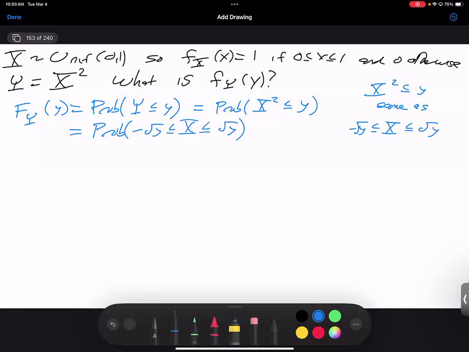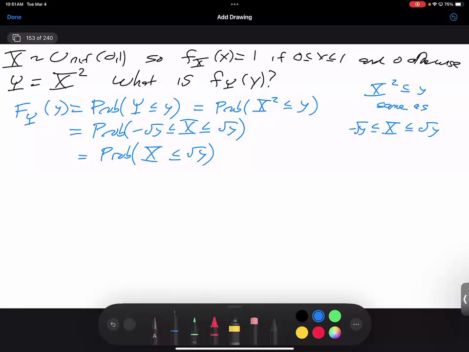So to calculate the probability that big Y is at most little y, it's the same as calculating the probability that big X is between minus root y and root y. But what do we know about X? X is a uniform random variable. So what's the probability that X is less than 0? 0. So this is the same as what probability? It's just X less than or equal to the square root of y.